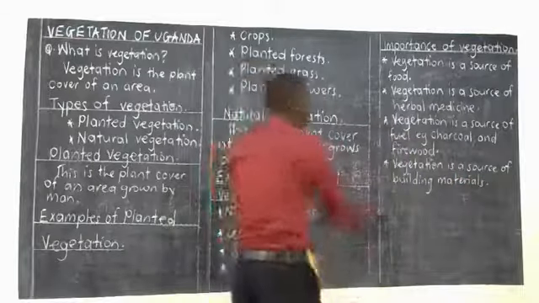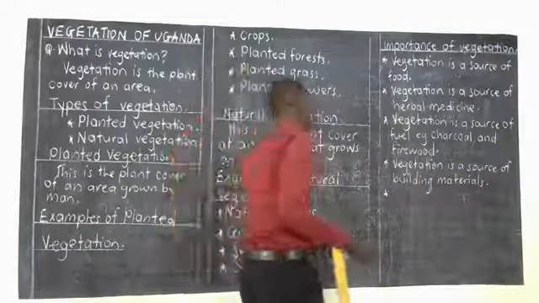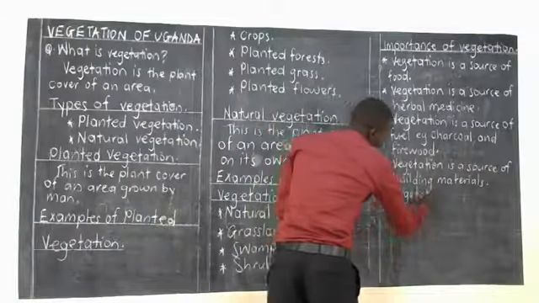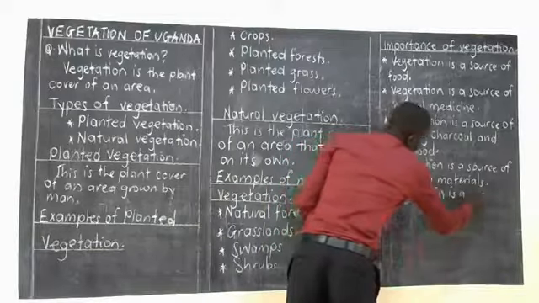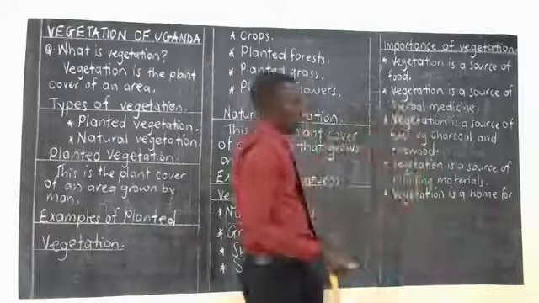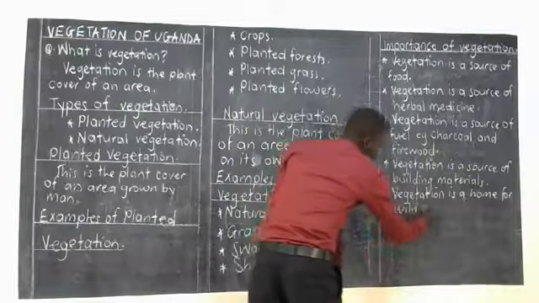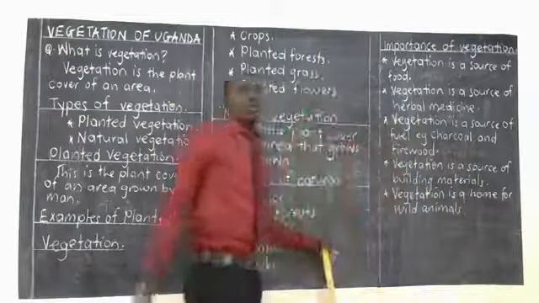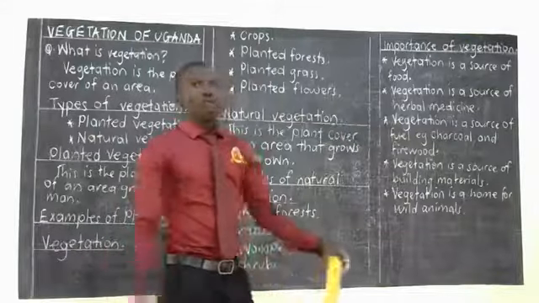Another one, vegetation is a home for wild animals. Apart from being a home of wild animals, vegetation also provides food to animals.